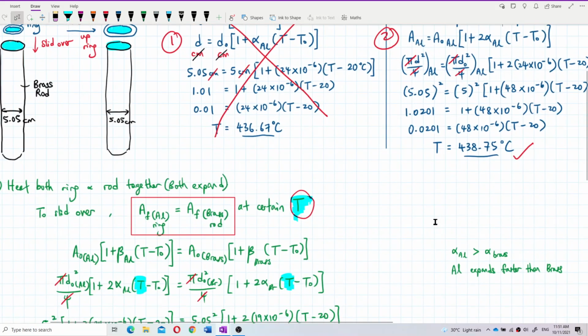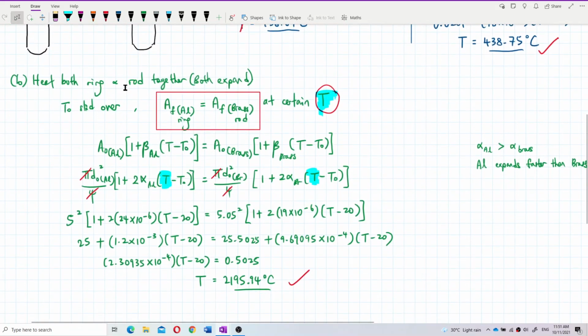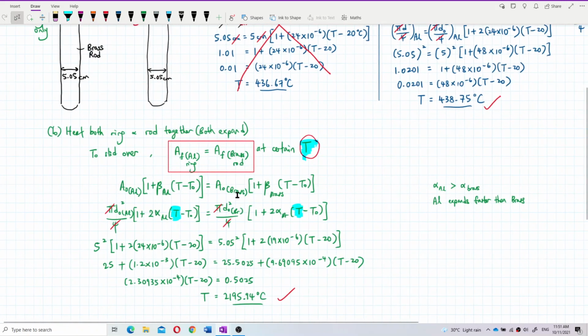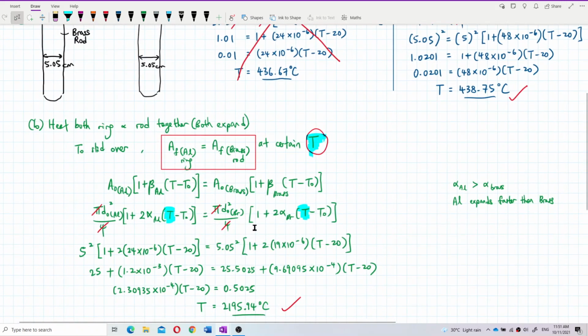But if you heat up both the ring and the rod, then you have to heat up from 400 until 2200. So it's quite a lot, because the brass also expands together. But the aluminium expands faster than the brass because it has a higher coefficient of linear expansion, or higher coefficient of area expansion.